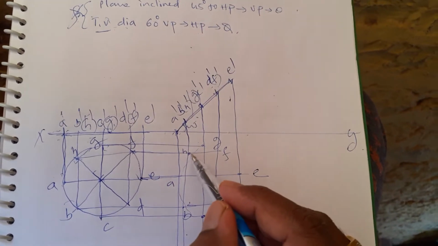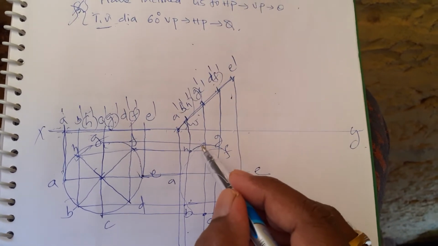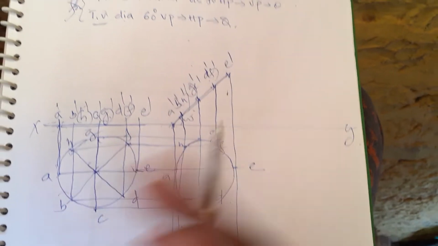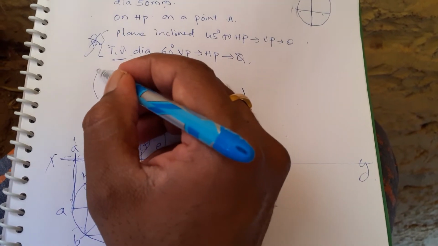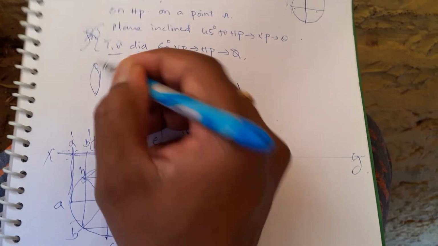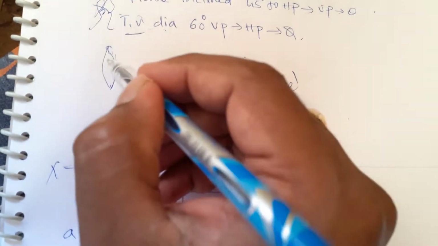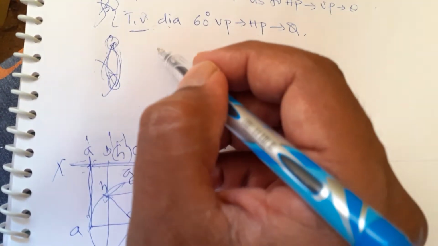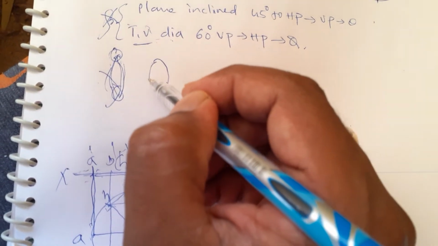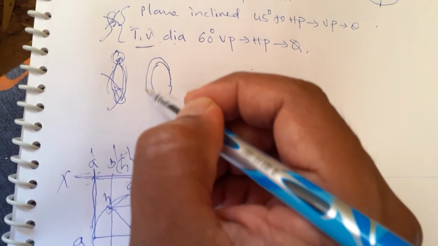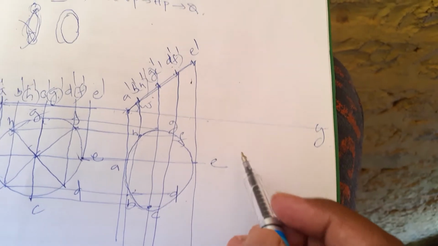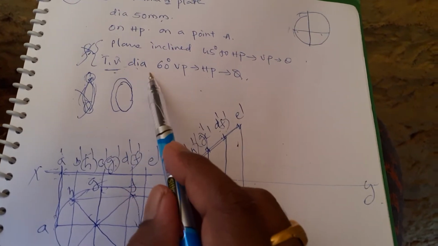This is H. So draw it smoothly. Don't draw like this, don't put sharp corners, this is the wrong way. It should be like an ellipse. Join like this. This will be an ellipse.